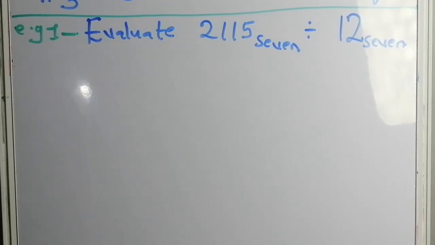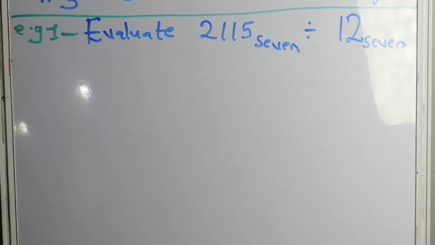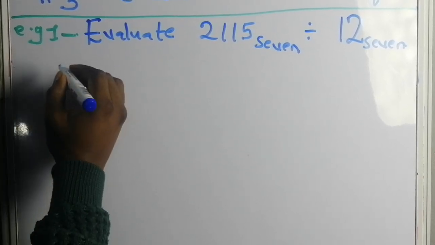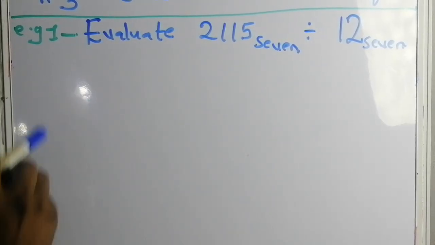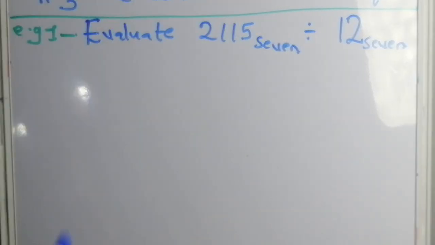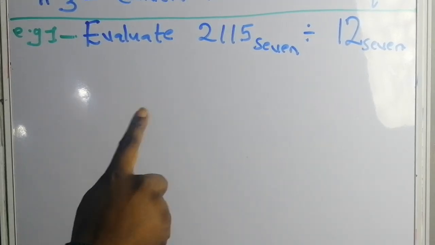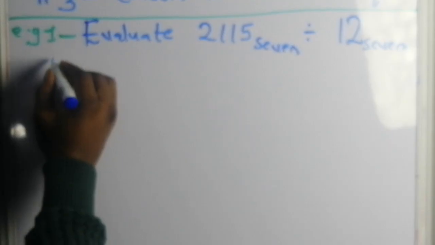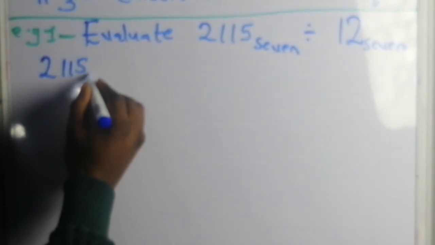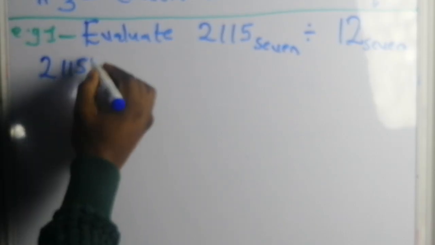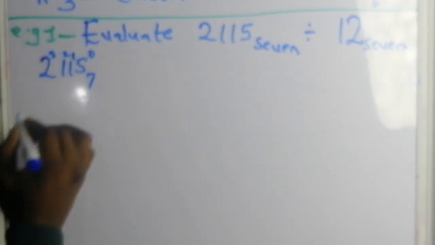So let's quickly touch base with this example. Step 1, convert to base 10. How do we convert to base 10? Each of them, 2115 base 7, we convert to base 10. Place values 0, 1, 2, 3.